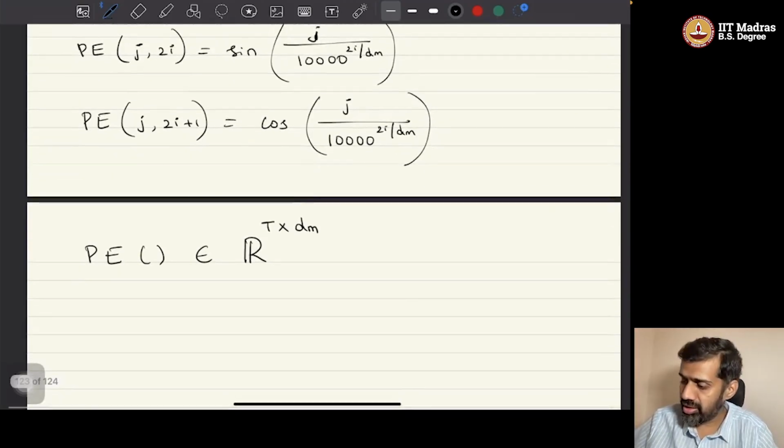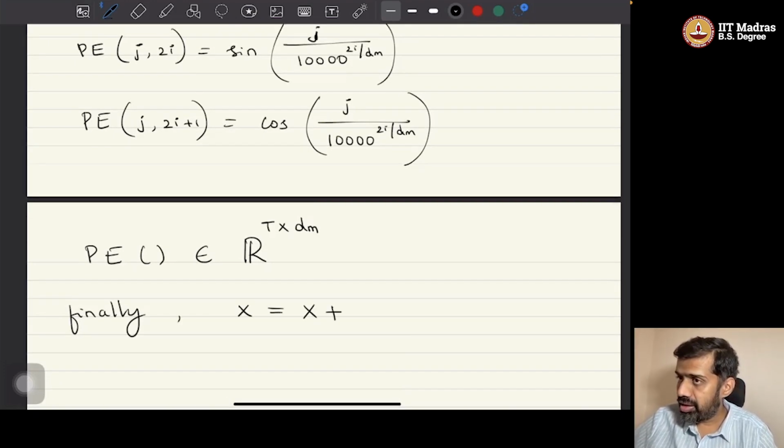So what is done is that finally the input at position j is replaced by the input at position j plus the corresponding positional embedding at j, right?